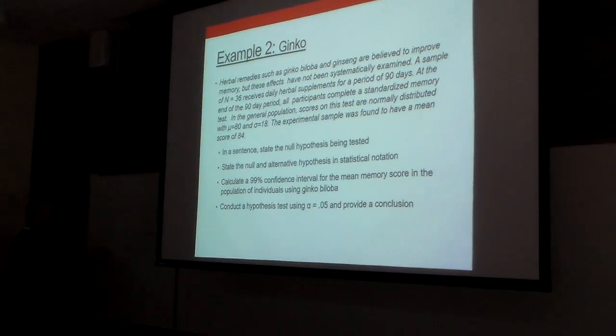So instead of 3, 0.8, right? If we take 4 divided by 0.8, what do we get? 5. Now I've got a z-score of 5.